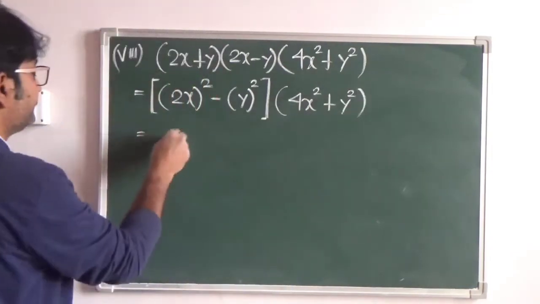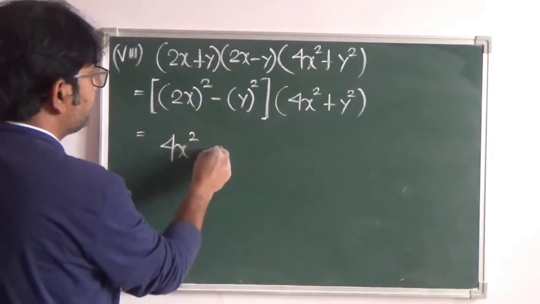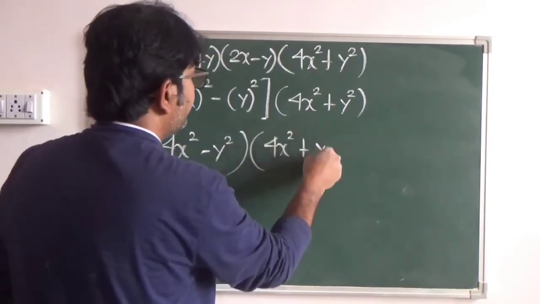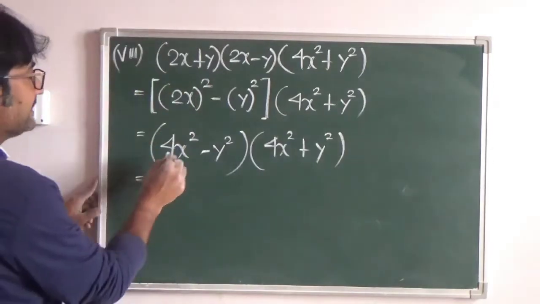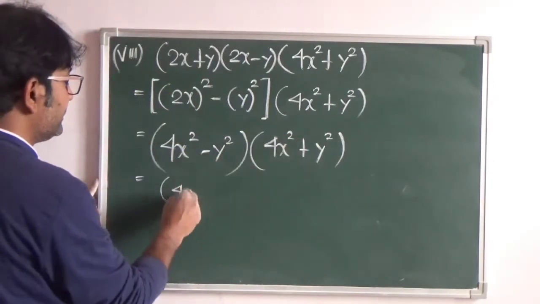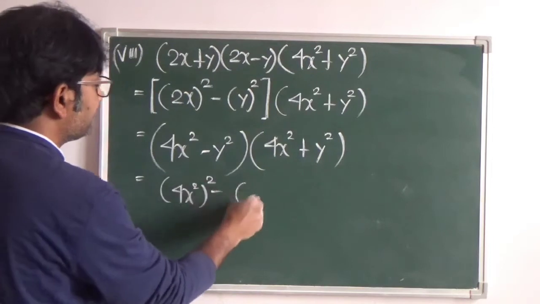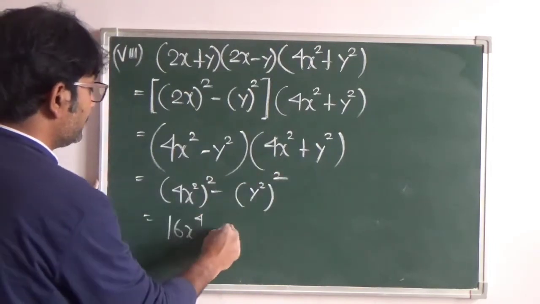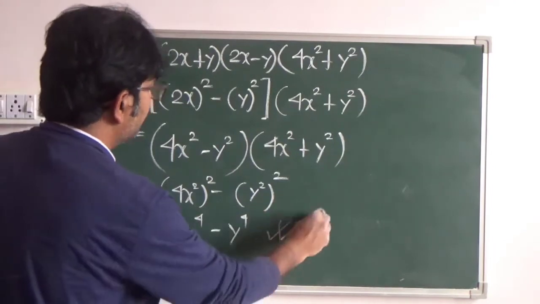So it comes to (4x square - y square), and this is (4x square + y square). So it is again (a - b) into (a + b). So a square minus b square. So this is 16x to the power 4 minus y to the power 4. Right?